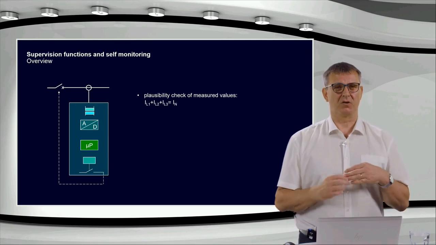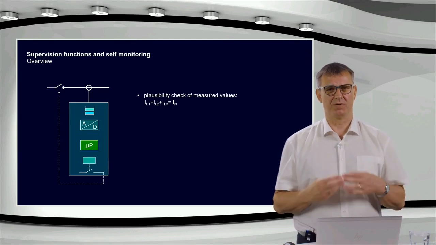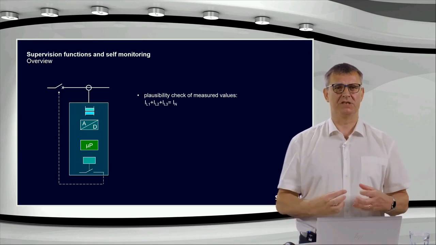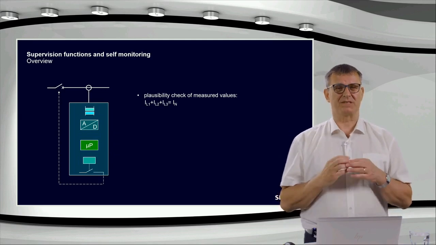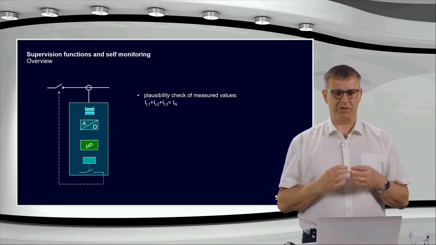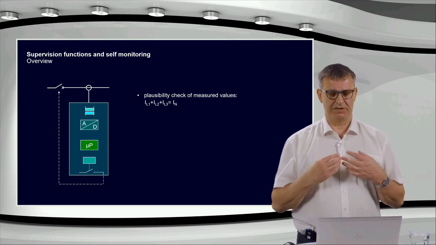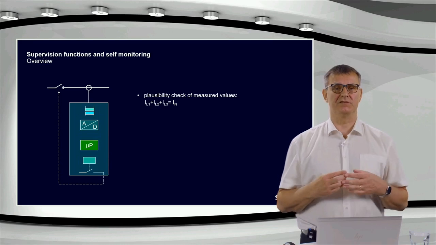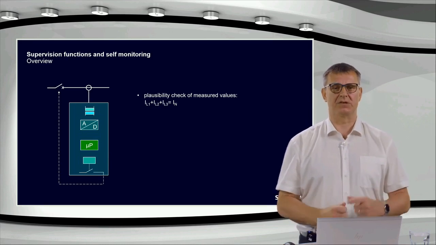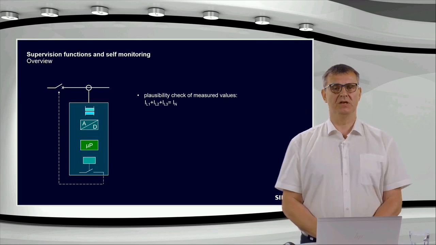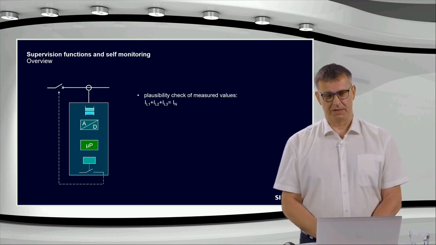That's a so-called fast current sum supervision, or ADC, analog digital converter supervision, which makes a plausibility check whether the sum of the three phase currents, I phase 1, I phase 2, I phase 3, is nearly, of course, with some uncertainty, equal to the neutral current.